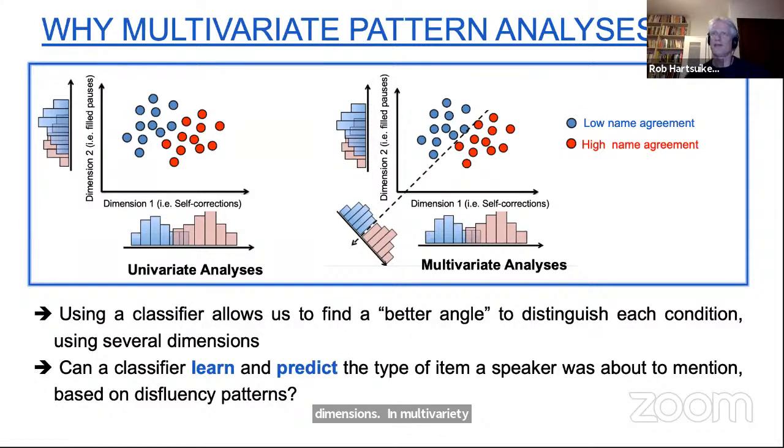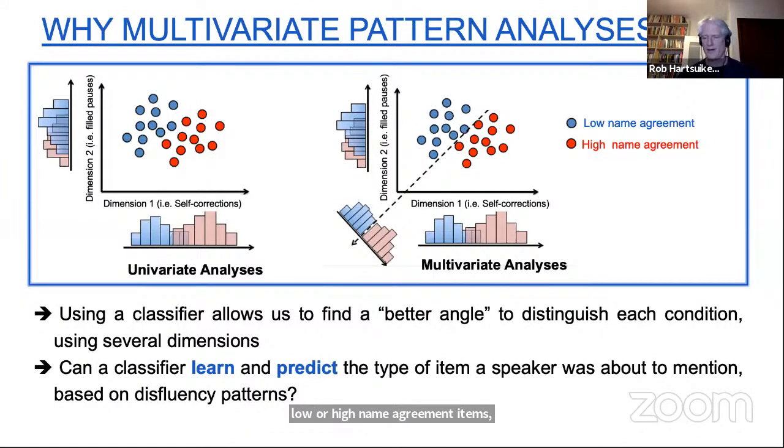So we trained a classifier to predict whether people were mentioning low name agreement items or high name agreement items, common or neuter gender items, blurry or non-blurry items, on the basis of their individual patterns of disfluencies.